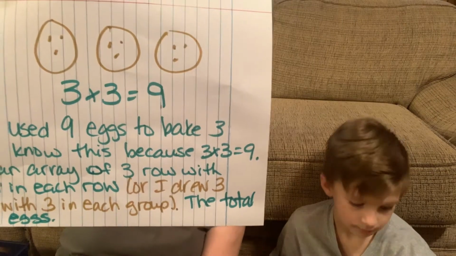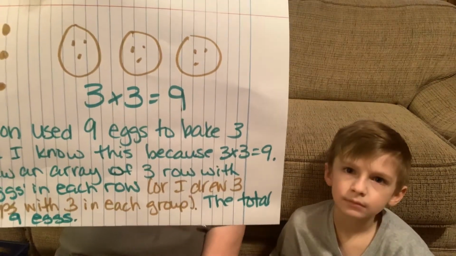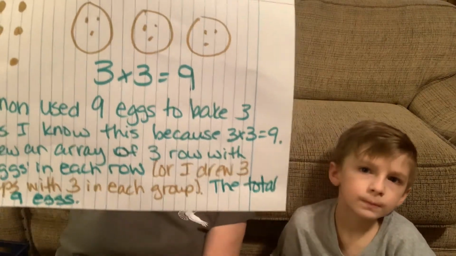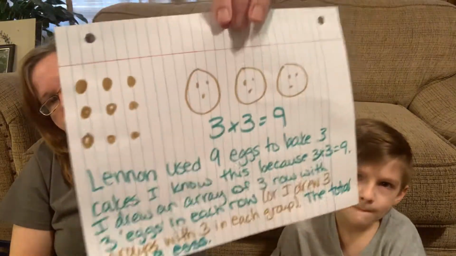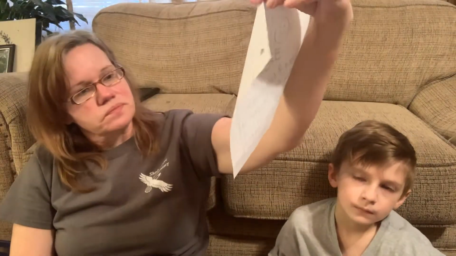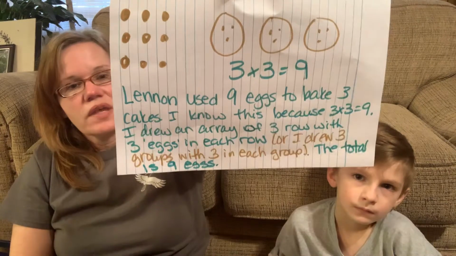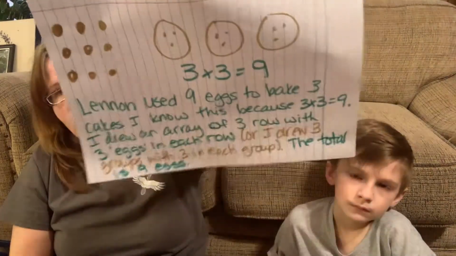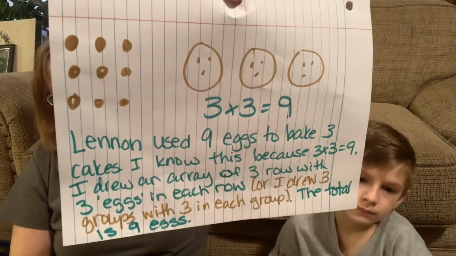I drew an array of 3 rows with 3 eggs or dots in each row, or if you did the groups, I drew 3 groups of 3, and then you could say the total is 9 eggs.